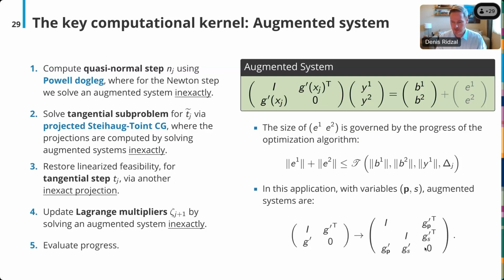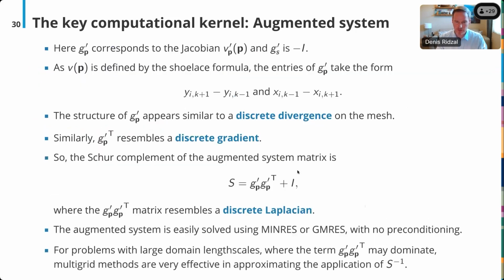So that's a very simple structure. And then, and this is really key, because we define these volumes by the shoelace formula, the entries of G prime P take this form. And this resembles the discrete divergence on the mesh. And then the transpose of it, which goes in the 2-1 or 1-2 block, is just the discrete gradient.